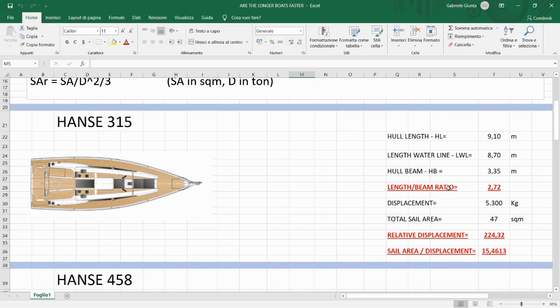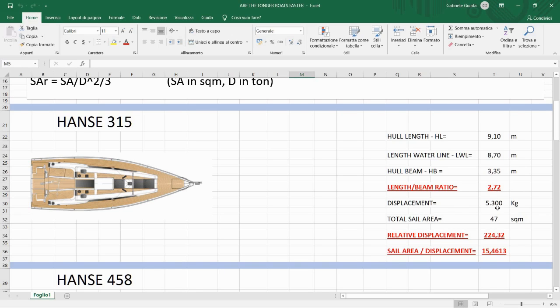The length beam ratio is basically a number that gives us the ratio between the length and the beam. We will see that this factor will change considering different types of boat.